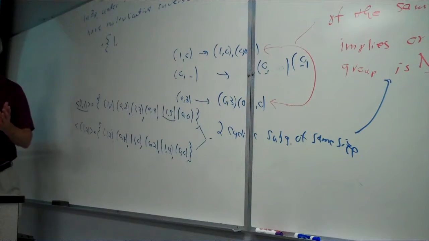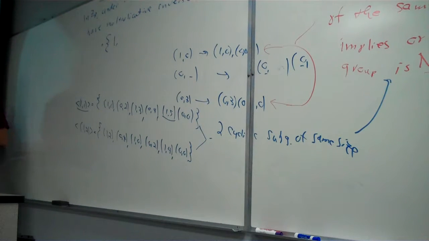I mean, what 1 does, right? 1 times 1 is 1. Anybody think of another element that has an inverse? 0. Under multiplication, 0 times anything will be 0. We can never get back to 1.